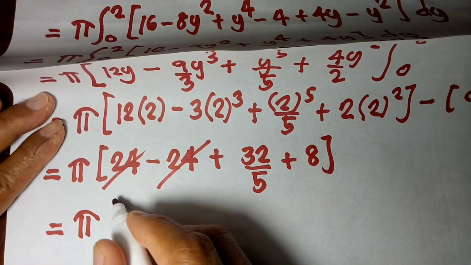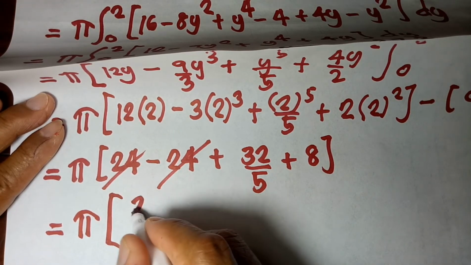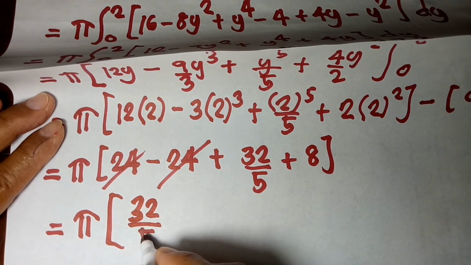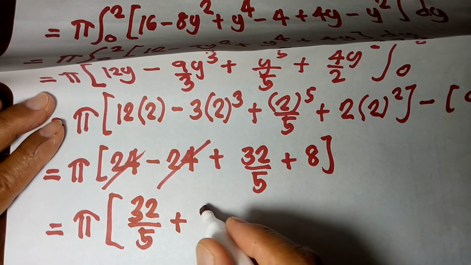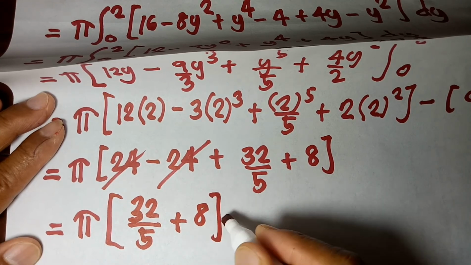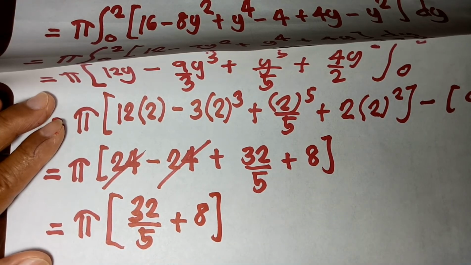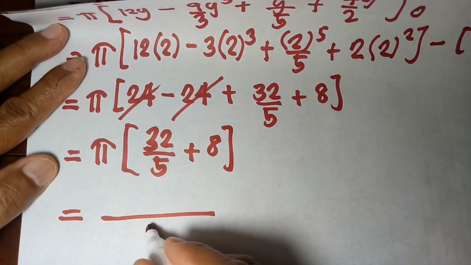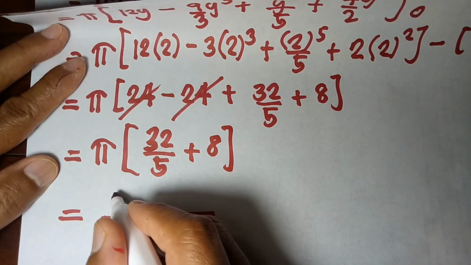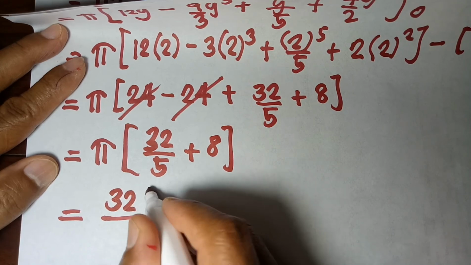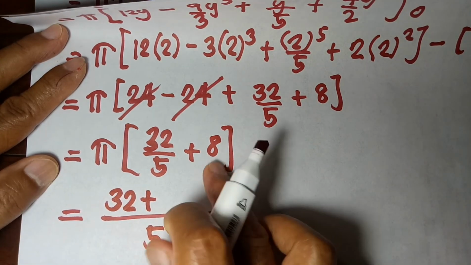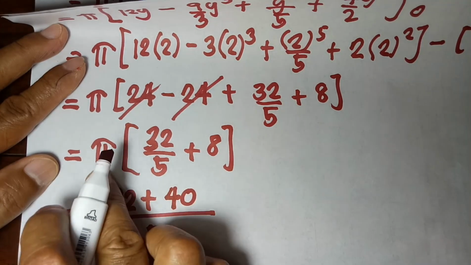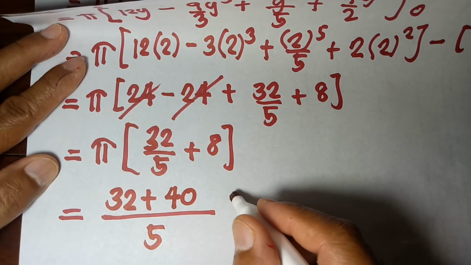And then times 32 over 5, and then plus 8. Kuha tayo ng LCD na 5. Yung LCD natin ay 5. So we'll have 32 and then plus 5 times 8 ay 40. Tapos yung pi na yun, lipat natin dito sa dulo na ito.